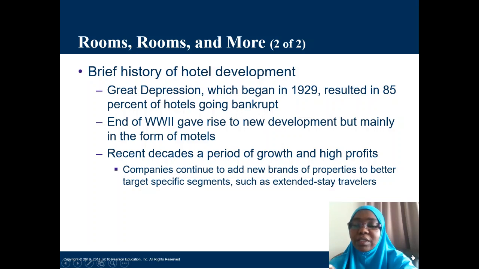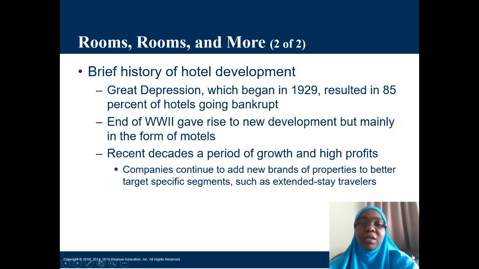Most countries closed their borders, and there was no inward or outward movement, no entry or exit from countries. So this greatly affected the hotel industry as well, because there would be no people to lodge when there are no visitors, travelers, or tourists. So the Great Depression also affected the hotels around 1929, so much so that 85% of them went bankrupt.